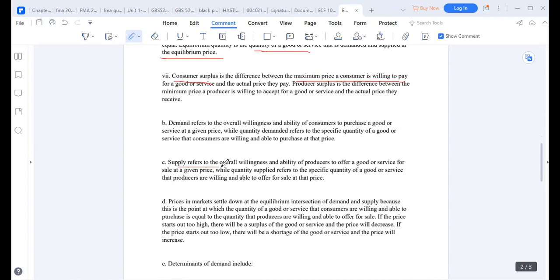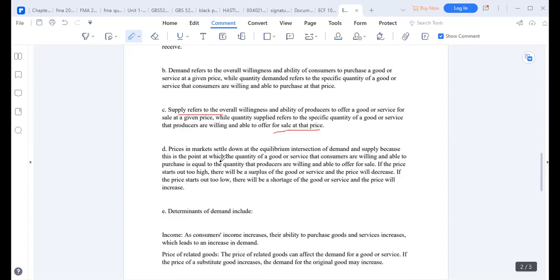Supply simply refers to the overall willingness and ability for producers to offer a good or service for sale at a given time, whereas quantity supplied is simply the specific quantity of a good or service that producers are willing and able to offer at that price. So prices in a market will settle down at equilibrium. Equilibrium is simply the intersection between our demand and our supply, because at that point, both the consumers and the suppliers come to an agreement.